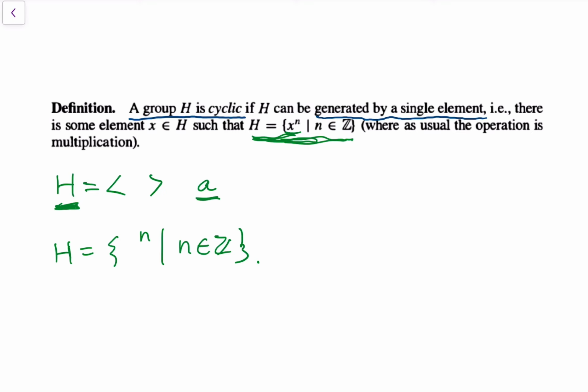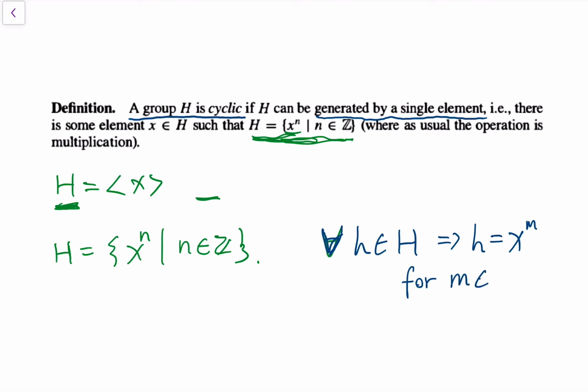Maybe we can change it to x like this. So it means that for any element h in this cyclic group H, h should equal x to the m, we use another notation m, for some m in the integers. So every element of the cyclic group is a power of the generator.